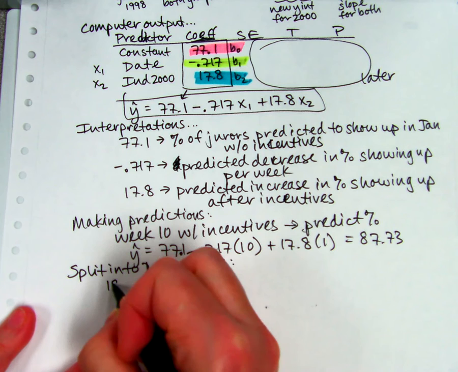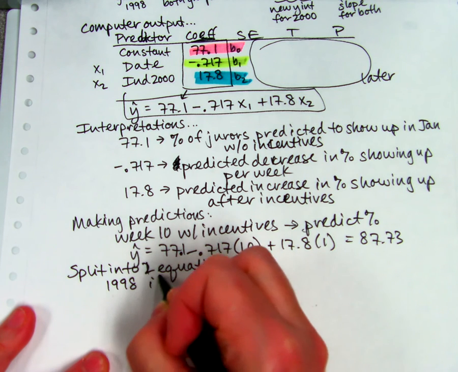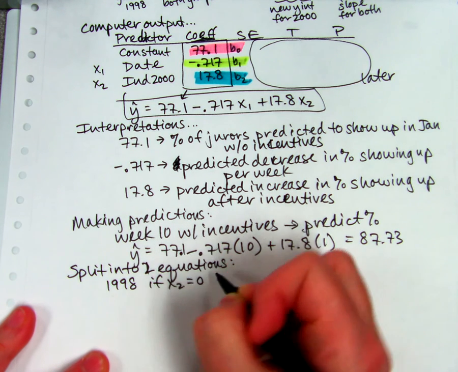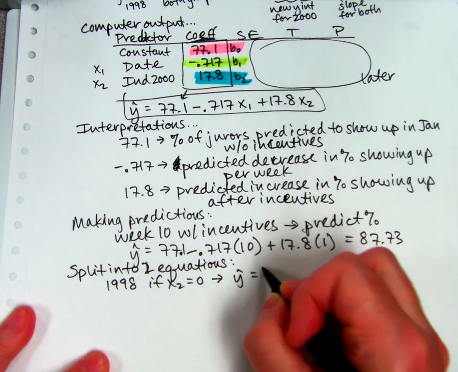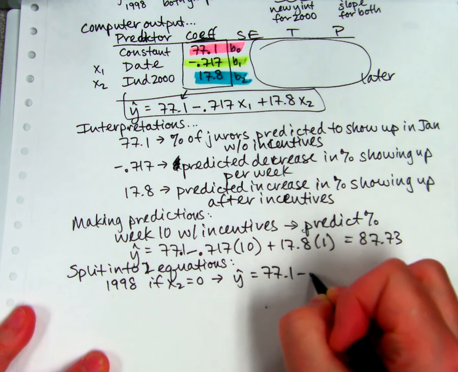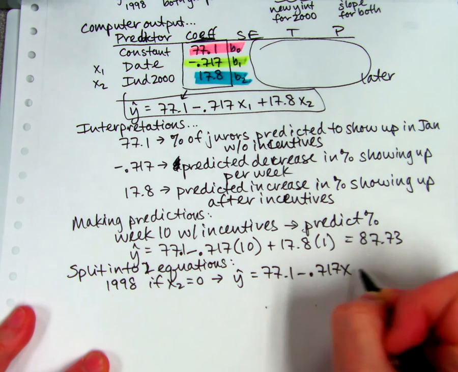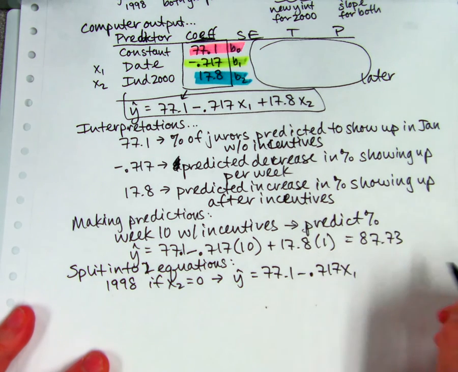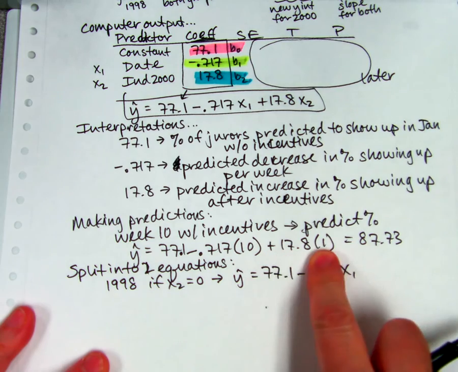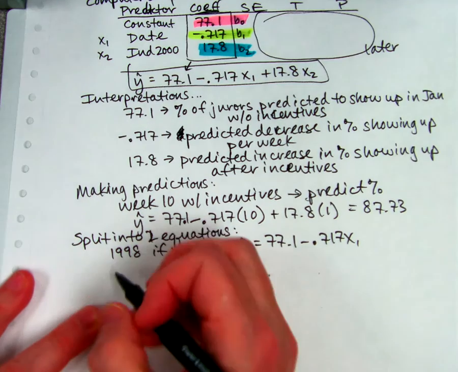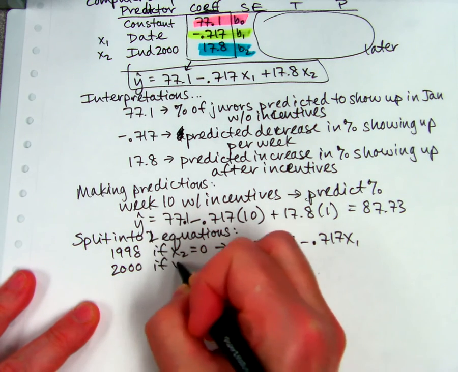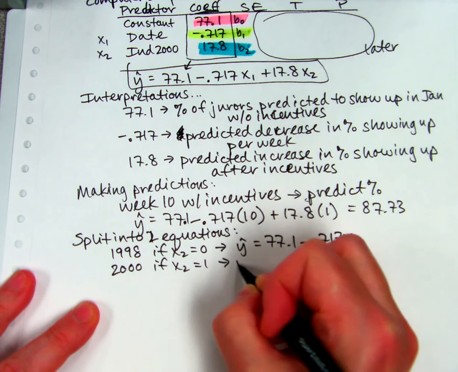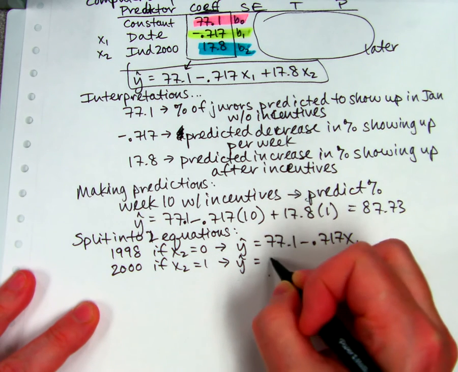So if it's 1998, then I would say if x2 is 0, then I end up with this equation. And I just leave off the rest. It's still x1 though. So I would leave off the 17.8 if x2 is 0, or in 2000, that would be if x2 happens to equal 1, I would include the 17.8.